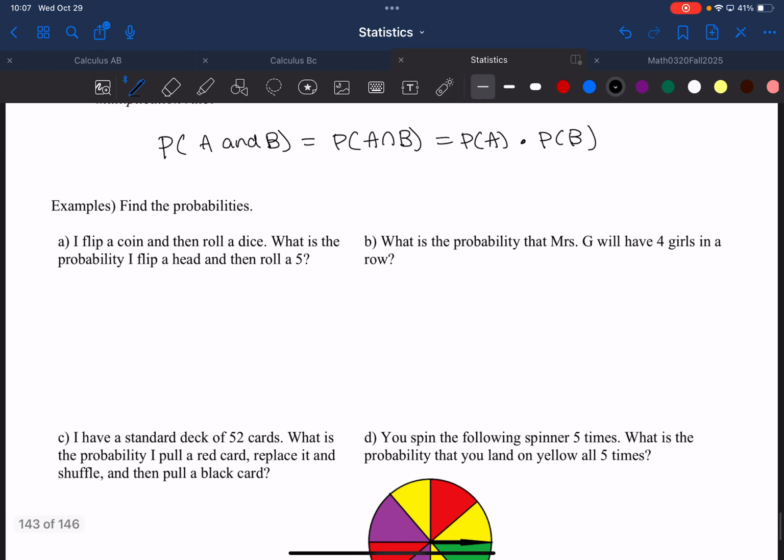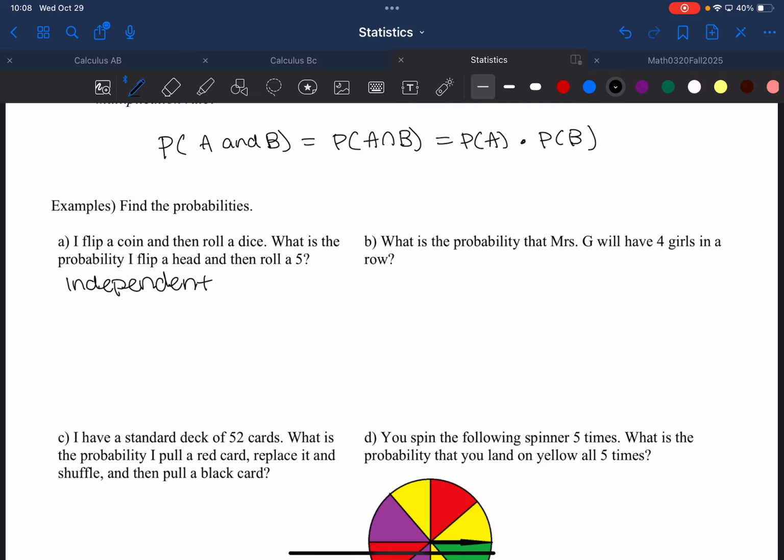So let's look at an example. It says if I flip a coin, then roll a dice. Okay. What is the probability I flip a head, then roll a 5? So first, if you flip a coin, does that impact the number you get if you roll a dice? No, so these are independent. Okay, which means we can think of the probabilities of them happening individually.